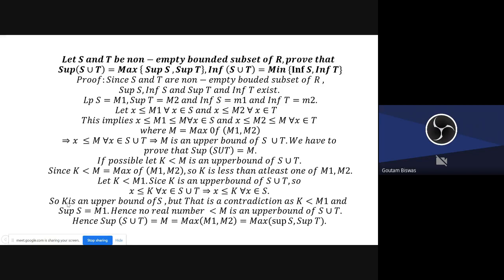Here also k is an upper bound of S. From this, x is less than or equal to k for all x belonging to S union T, which implies that x is less than or equal to k for all x belonging to S. If you find any doubt here, just ask me.